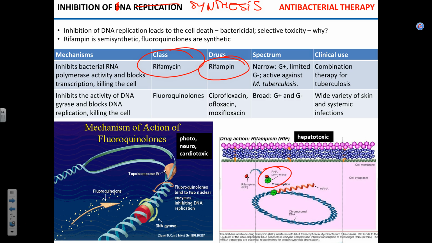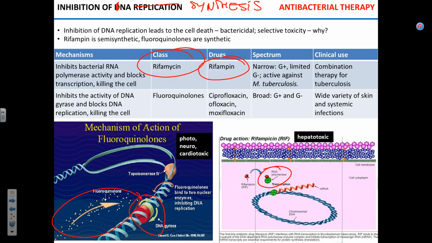Fluoroquinolones, as illustrated here, bind to DNA gyrase, the enzyme that's also called topoisomerase. Remember topoisomerase 2? The enzyme that prevents DNA supercoiling.